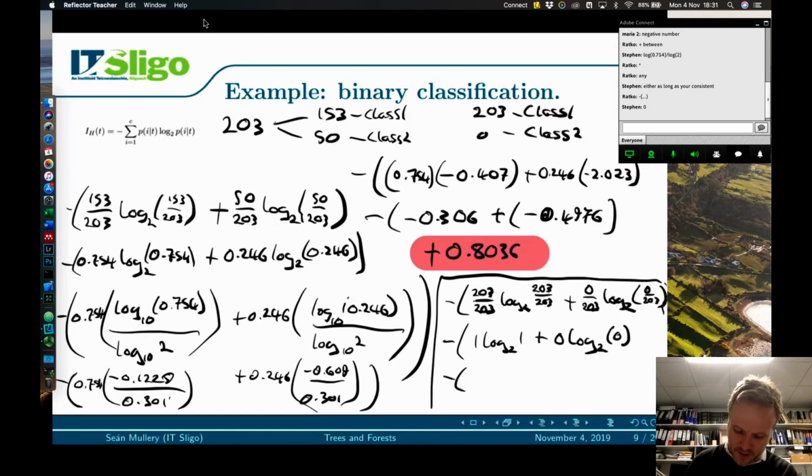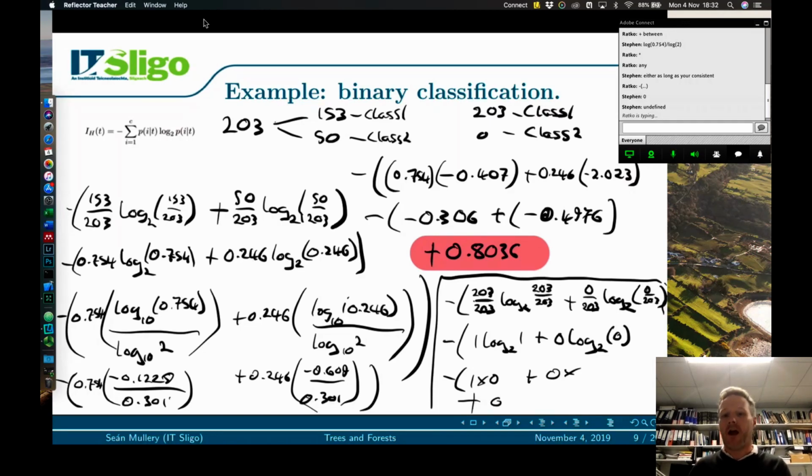So this is going to end up being basically 1 by 0 plus 0 by, well, does anyone know what the log of 0 is? Yeah, it's undefined. But this is multiplied by 0, so we're pretty much okay. So basically, we're just going to end up with 0, minus 0, plus 0, doesn't really matter. And therefore, you can see the situation that we've ended up there. We've still managed to get 0 impurity in that situation. Okay.